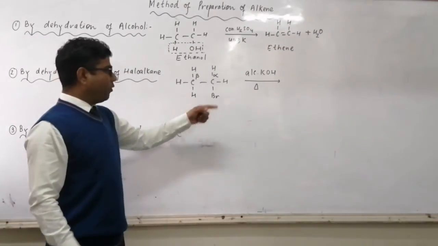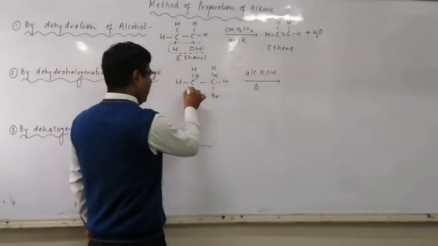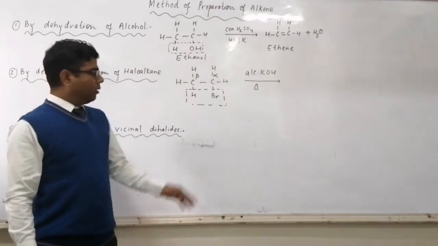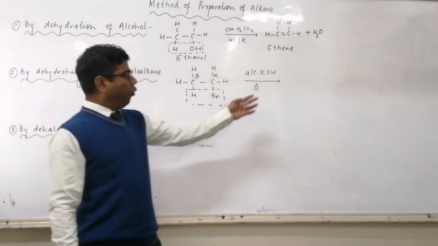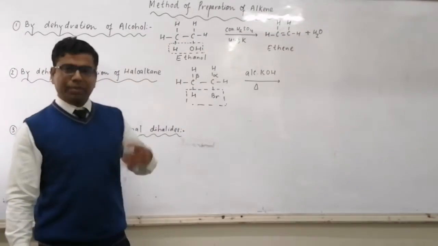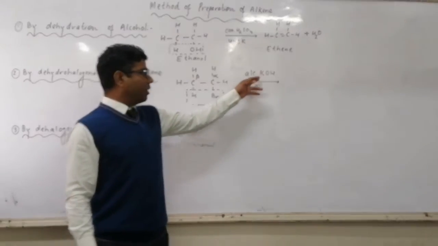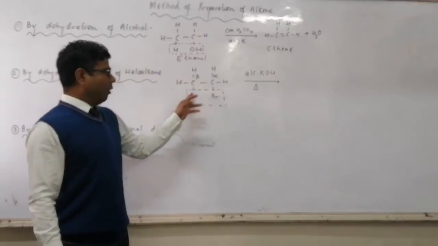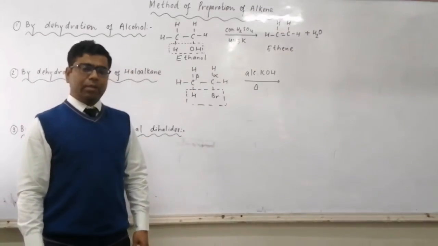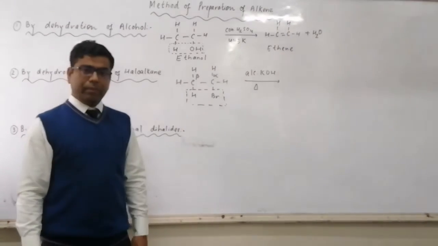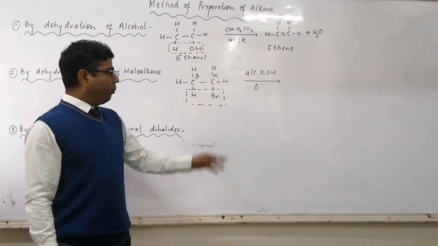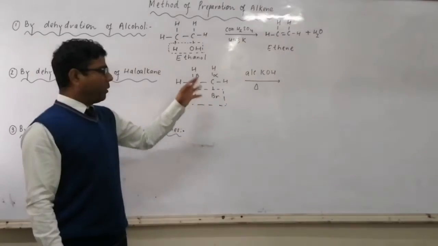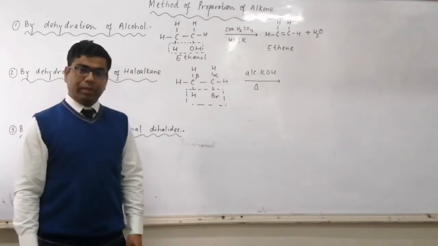So what will happen? H with Br will be removed in the form of HBr. The H will combine with OH, forms H2O, and Br combines with K, forms KBr. Now, removal of H from beta carbon creates a bond deficiency of 1 over beta carbon. Removal of Br from alpha carbon creates a bond deficiency of 1 over alpha carbon. So alpha and beta carbon both are one bond deficient.